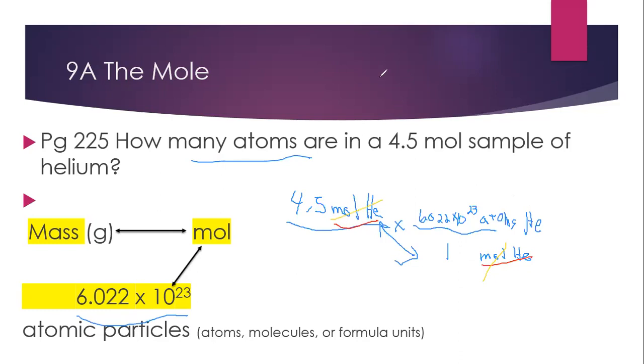And we're going to calculate this. All you would do is just multiply what's on top. If there were any other number but 1 on the bottom, we would then divide also. But since there is only a 1, we don't have to consider it, right? It's not going to change the result. So we have 4.5. So get your calculator out. 4.5 times 6.022 times 10 to the 23rd.